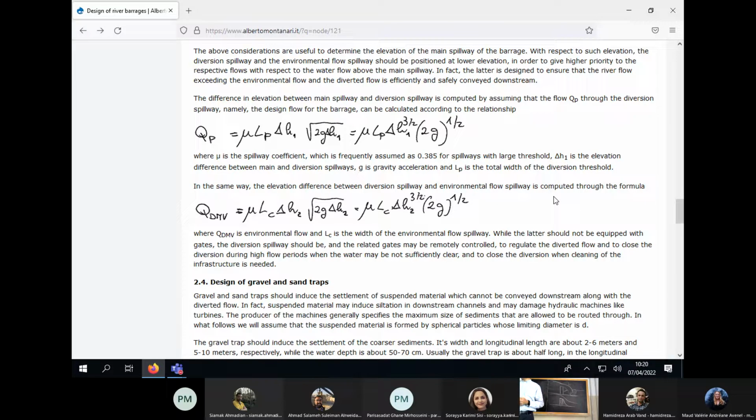This is basically the only example that I will make of technical design in this course. So this is not a course that is focusing on technical design, it's more focusing on sustainability and, let me say, strategies for water resources management.